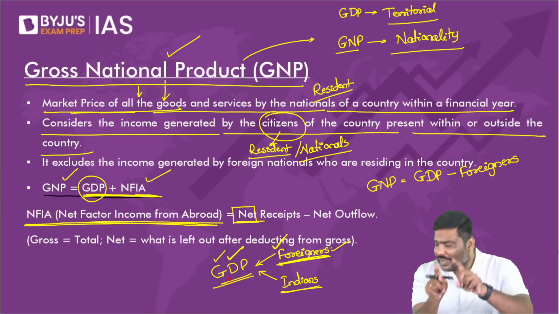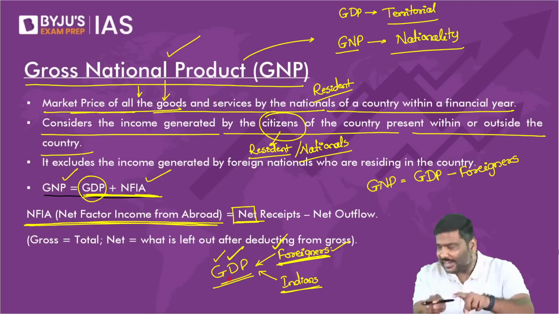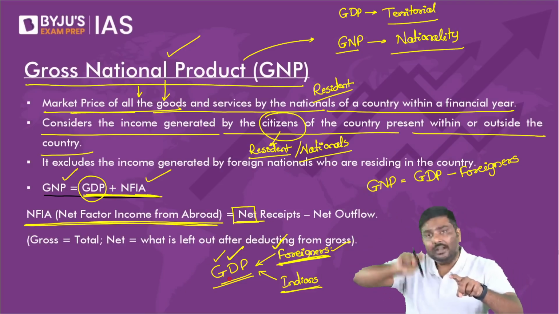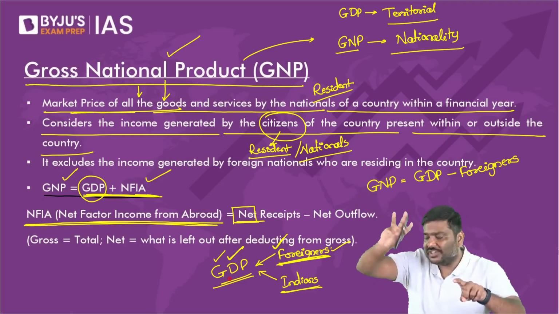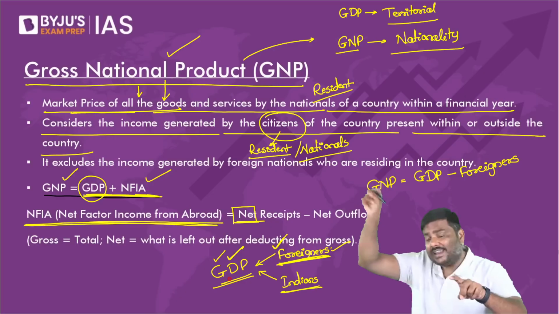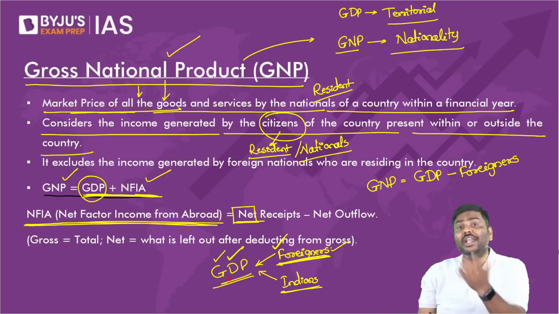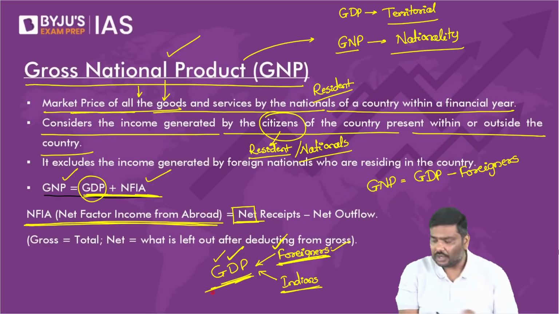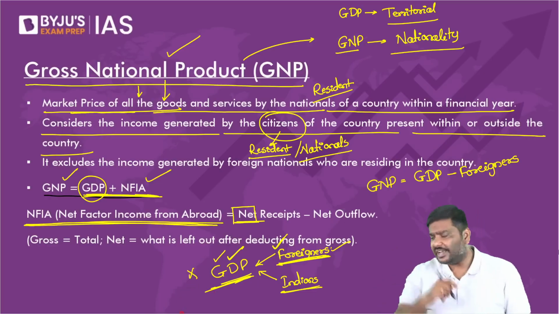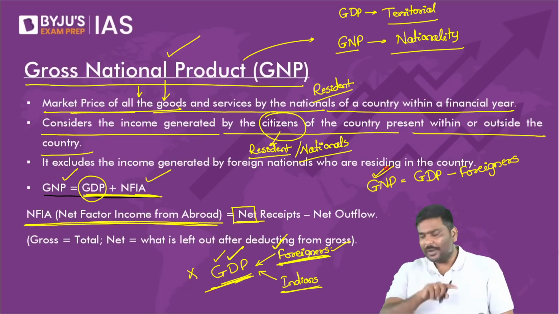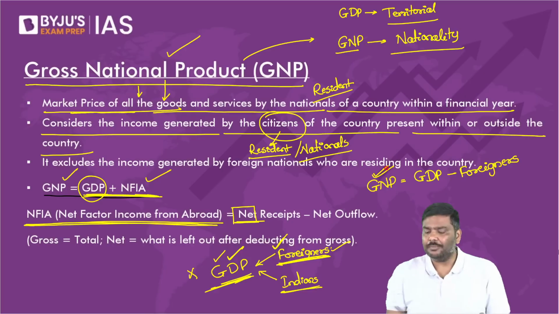A software engineer who is an Indian is working in USA for 3 months. Is the salary of the software engineer included in GDP? Is it included? No. But don't you think it should be included in GNP? I hope you understand. It should be included in GNP.